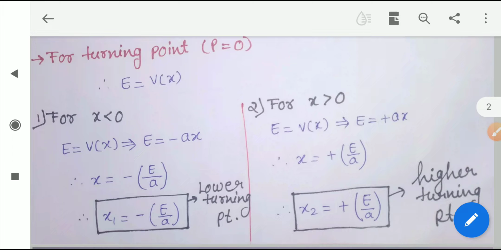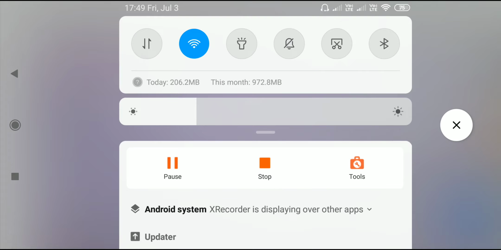From here we can get the value of X, which equals minus E by A. That is, X1 equals minus E by A, and this is our lower turning point.